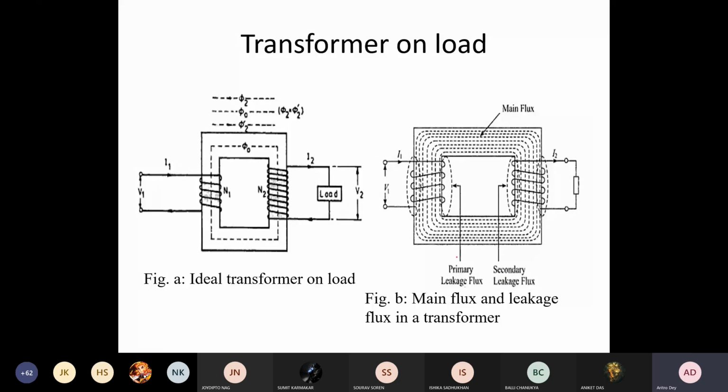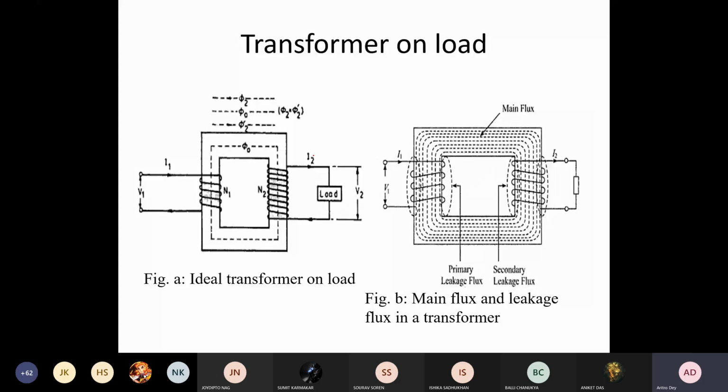So this is your phi 0, and this is phi 2 dash, and phi 2 dash is equal and opposite to phi 1 dash. So these are the three things. So the resultant is phi 0 only on no load. No load means there is no load connected, that means no I2. Oh, sorry. It is not no load. It is on load. My mistake. I'm just looking at the wrong thing.